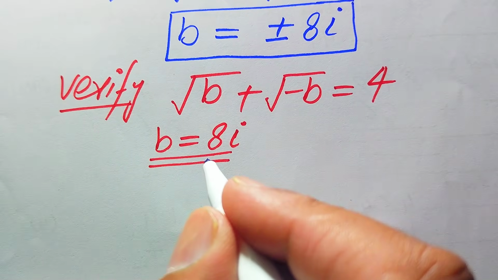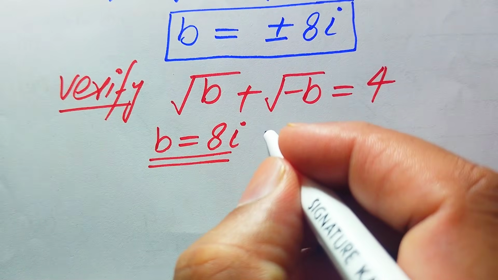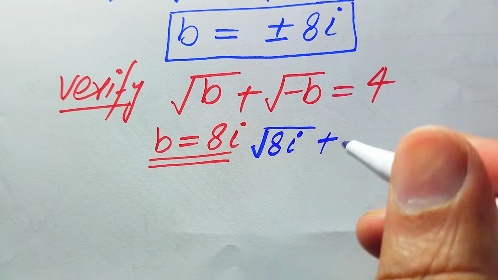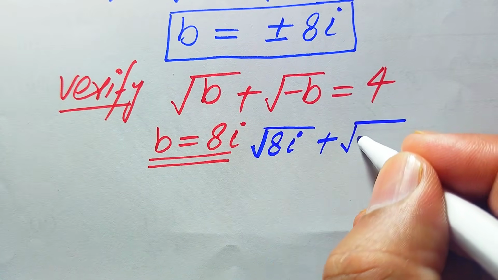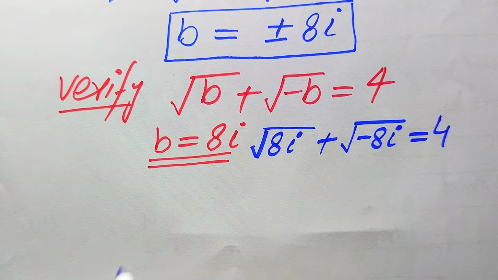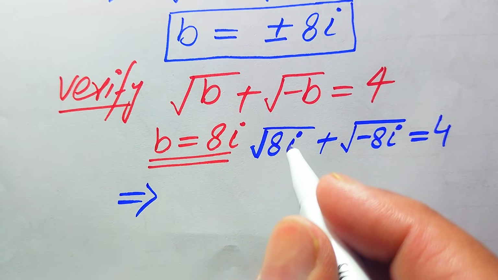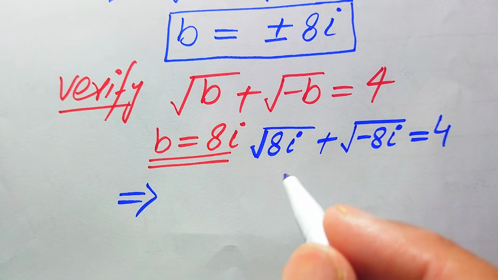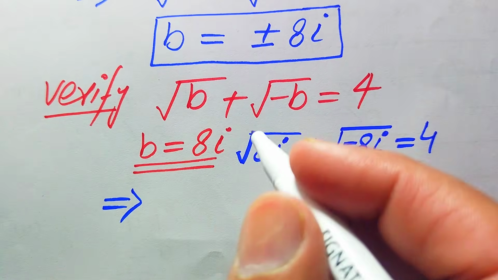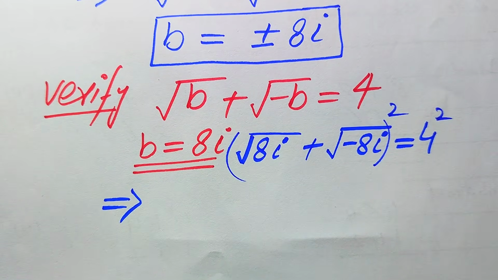We substitute this value into the left hand side, and it is written as √(8i) + √(-8i) = 4. We again apply the same procedure as at the start of the problem: squaring on both sides, and it is written in this form.